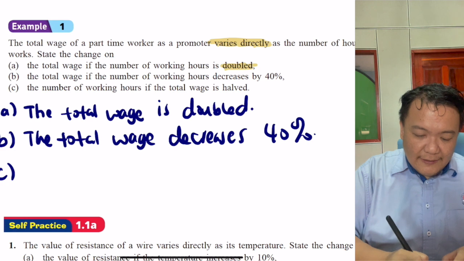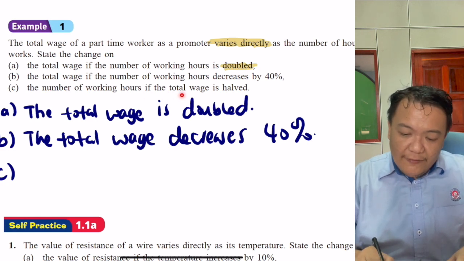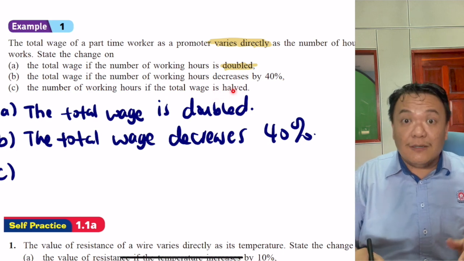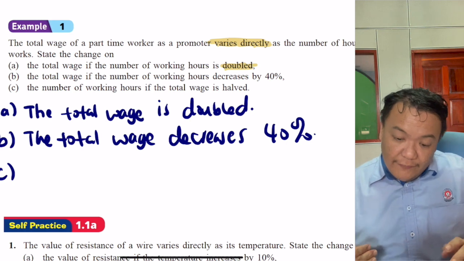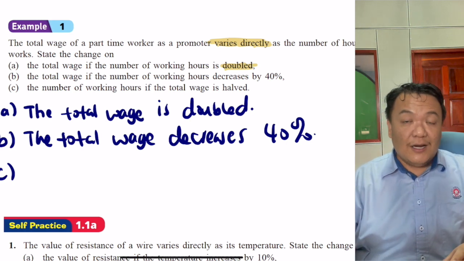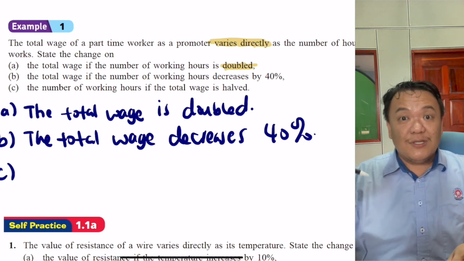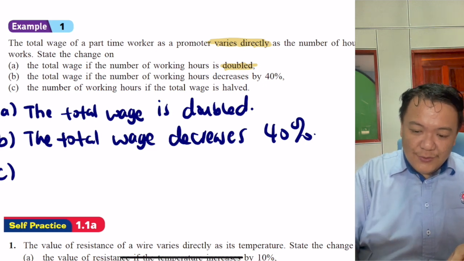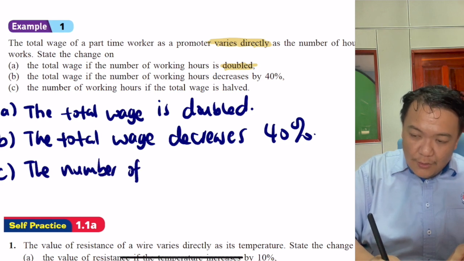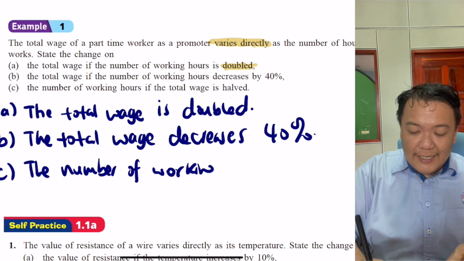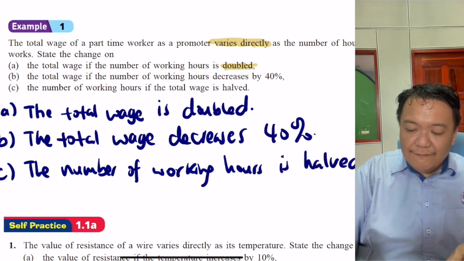C, the number of working hours if the total wage is half, separuh. If your wage is half, kalau gaji awak separuh, it means your working time also separuh. Boleh? So you can write it as the number of working hours is half.